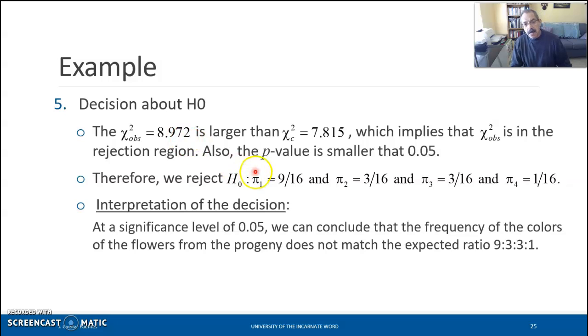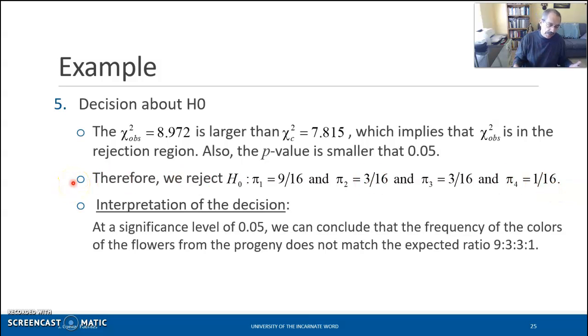Also, the p-value is smaller than 0.05, so both approaches are telling you that we should reject the null hypothesis. So we're rejecting the hypothesis that the actual proportions, or the actual probability of success of each color, match what the geneticist is proposing.